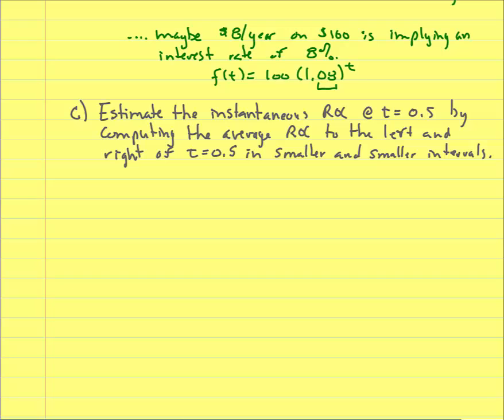Now, we kind of already have a formula, or a process that we've set up above, so we're going to want to stick with that same thing. So, a couple different intervals. Let's look at the interval to the left, so numbers slightly smaller. So let's look at 0.49 to 0.5. And another interval would be even closer, like 0.499 to 0.5.